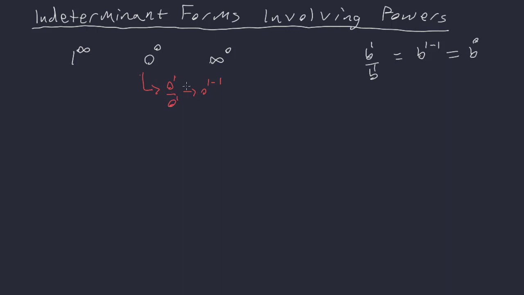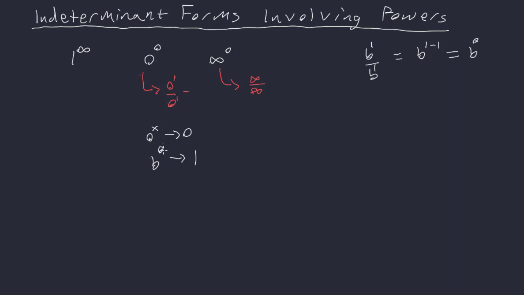So this is technically a 0 over 0 case, and just like that, infinity to the 0 is also an infinity over infinity case. Why it works this way is because 0 to any number power is 0, and any value like b that's non-zero to the 0 is 1.